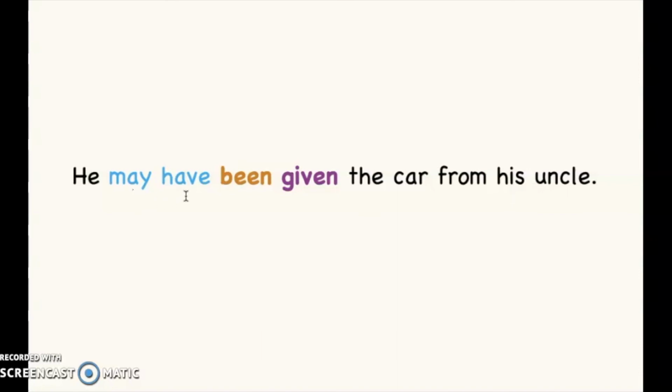May and have are helping verbs. They are irrelevant in recognizing the passive verb. Here we have the form of be, and here we have the past participle. So now we know for sure that this is a passive verb.